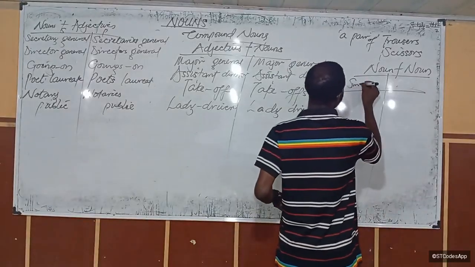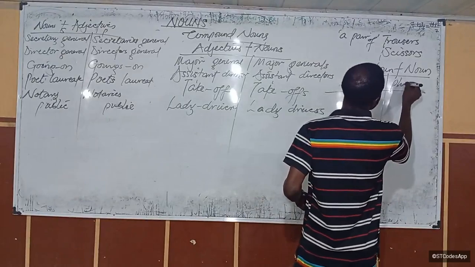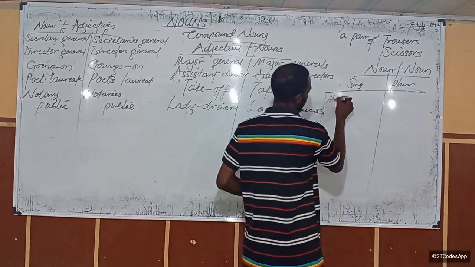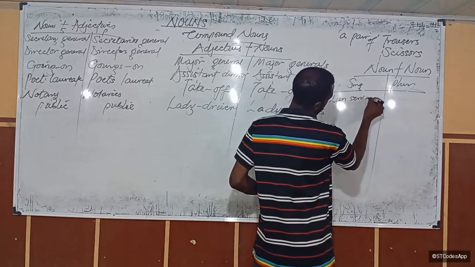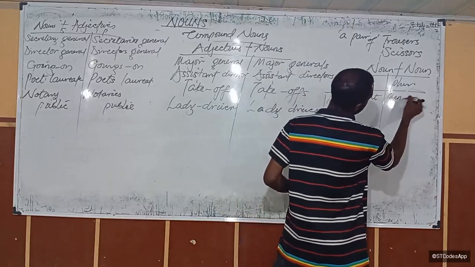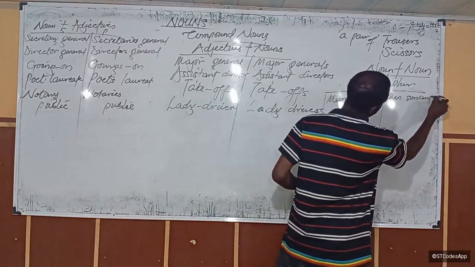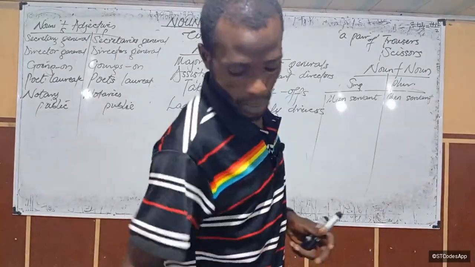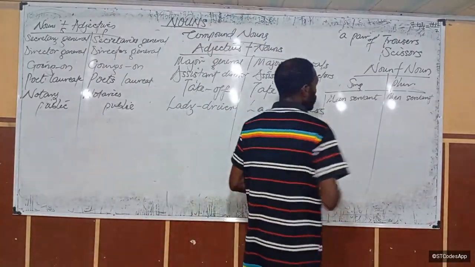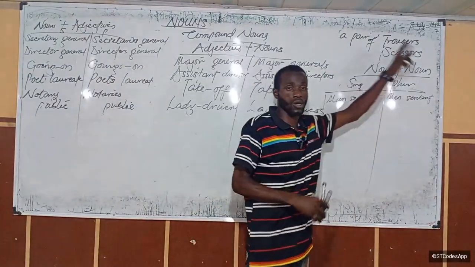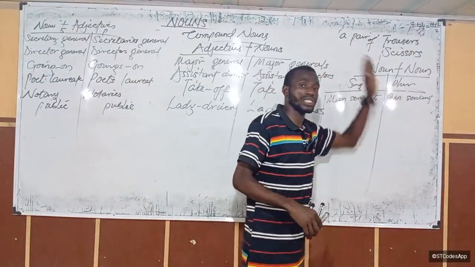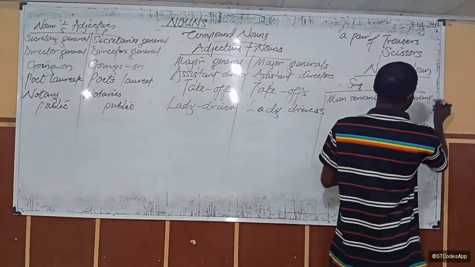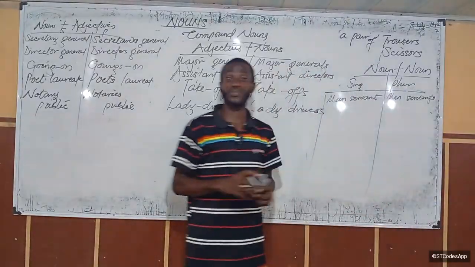You have the singular and the plural. We have manservant, men servants. Is that okay? What if we have woman pilot? Whenever you have noun plus noun, you pluralize both nouns. Men servants, you pluralize both.